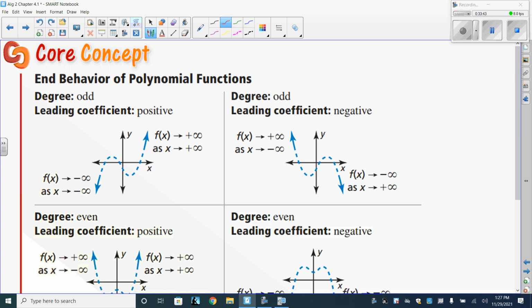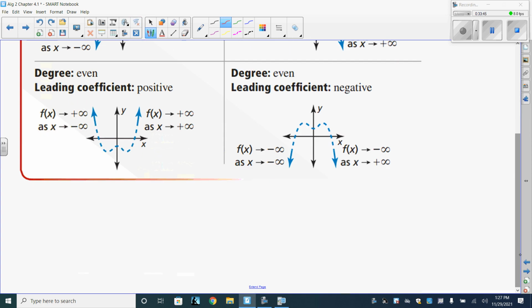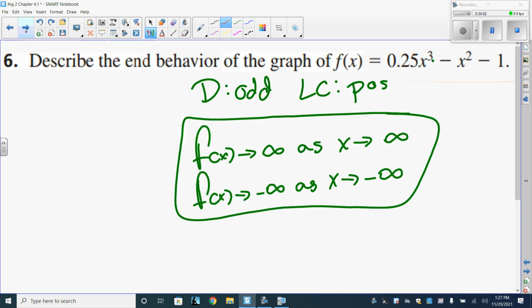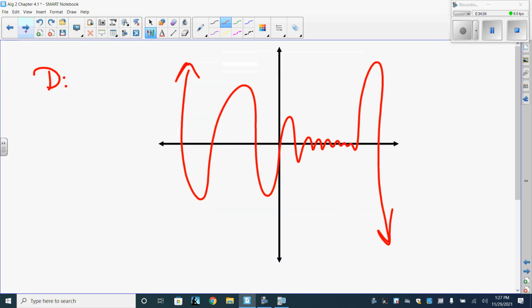If it's even, what is the graph eventually doing? It's going in the same direction. Either they're both going up or they're both going down. Odd, what happens? They're going in opposite directions, yes? So, if we go back, what can we say about the degree of this function? It's odd.